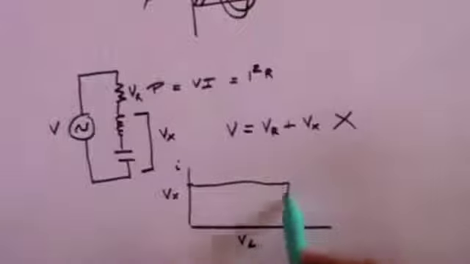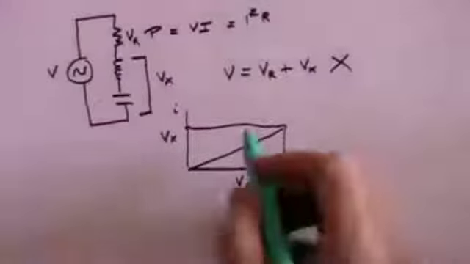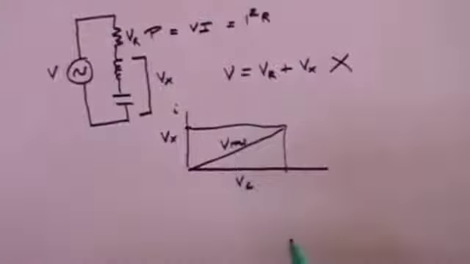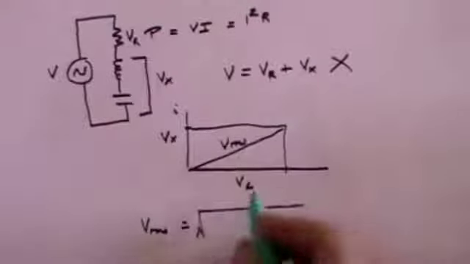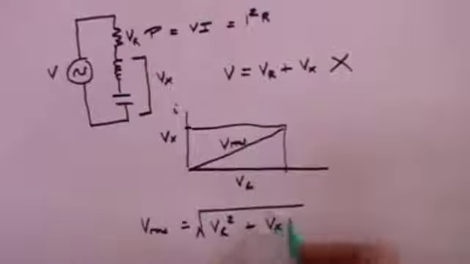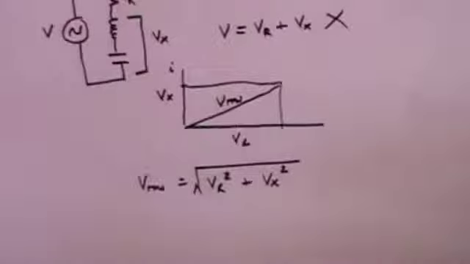And so again, you have to do your Pythagoras, and you will find that the net voltage, which is the root mean square voltage, is given by the square root of VR squared plus Vx squared. So you don't just add them together, you have to do the Pythagoras.